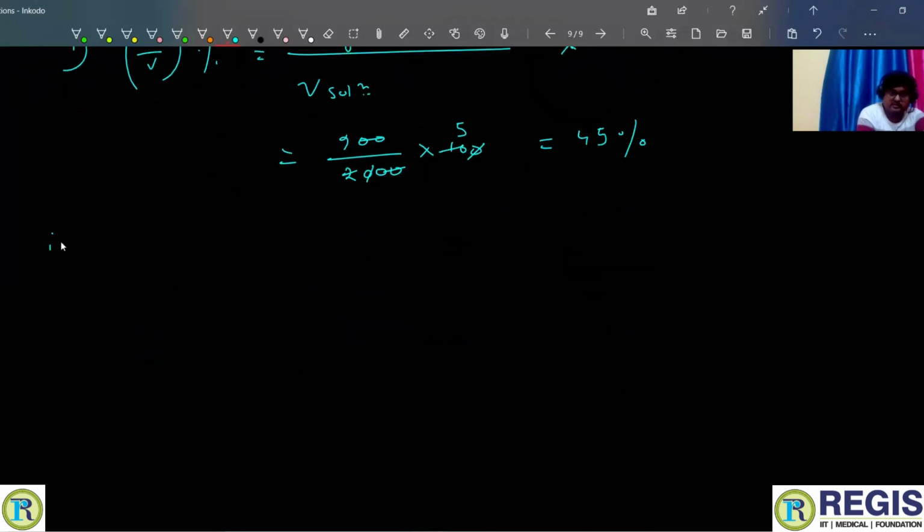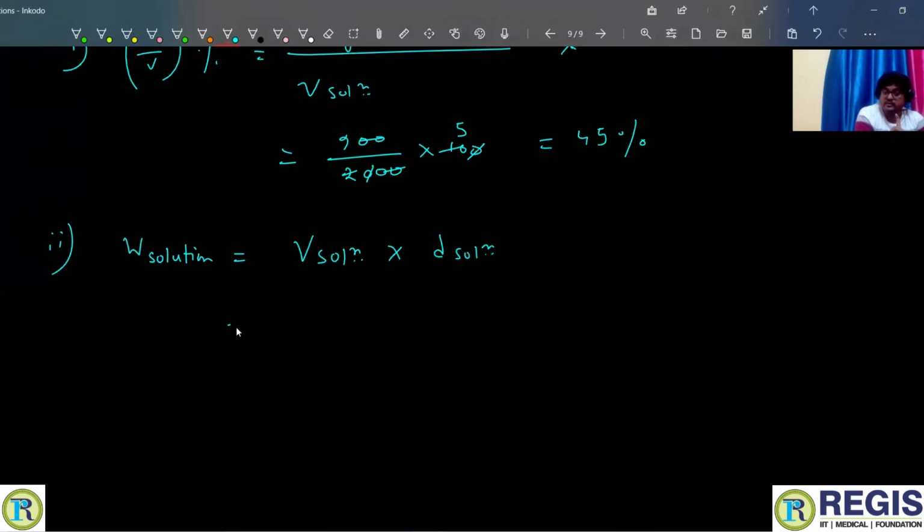Next one, what you have to calculate? Weight by weight percent. Now before taking that, we have to find the weight of solution. How can you find the weight of solution? We all know that it is volume of solution into density of solution.